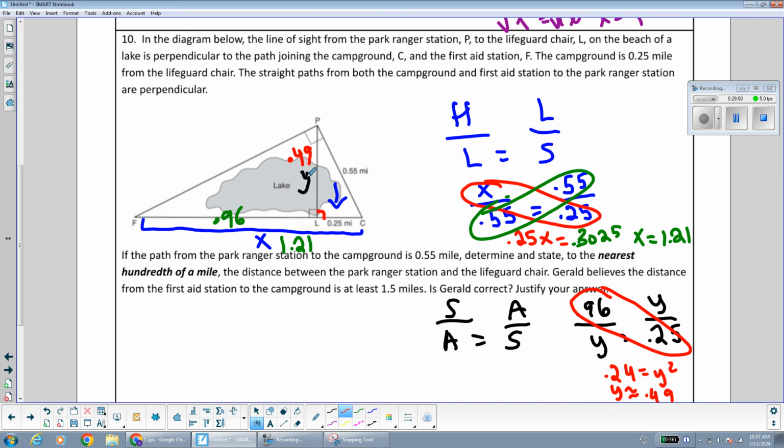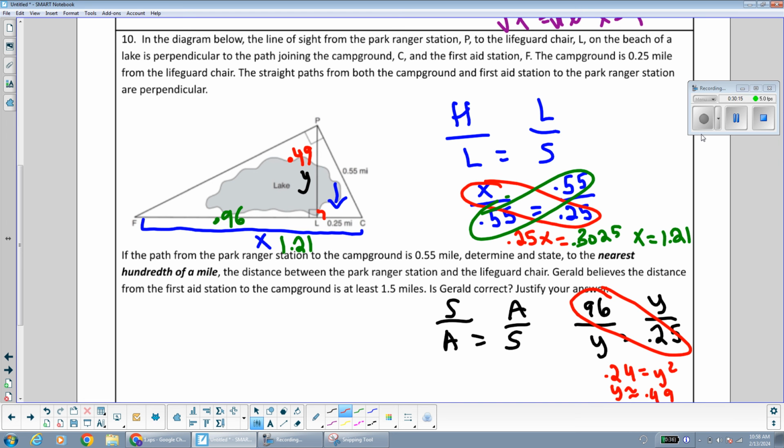Also, it kind of killed two birds with one stone doing it this way, because the next part of the question is asking about the distance from the first aid station to the campground, which I already have now. I already know that's 1.21 because I found the hypotenuse of the big right triangle when I set up my leg rule at the beginning.